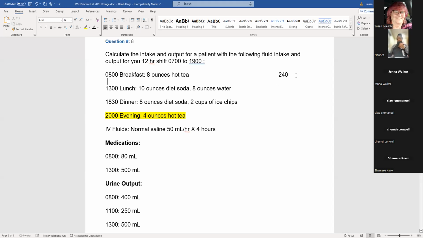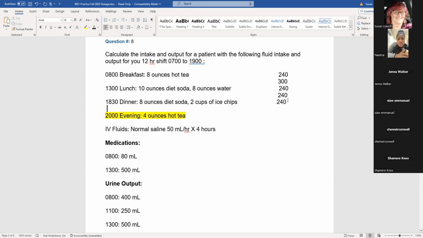I keep getting 1840. And then 10 times 30 is 300, right? And then we have another 8, which is another 240. We have another 8, which is another 240. And then 1 cup of the ice is going to be another 240. And then we have 50 times 4, which is 200. Oh, you know why?